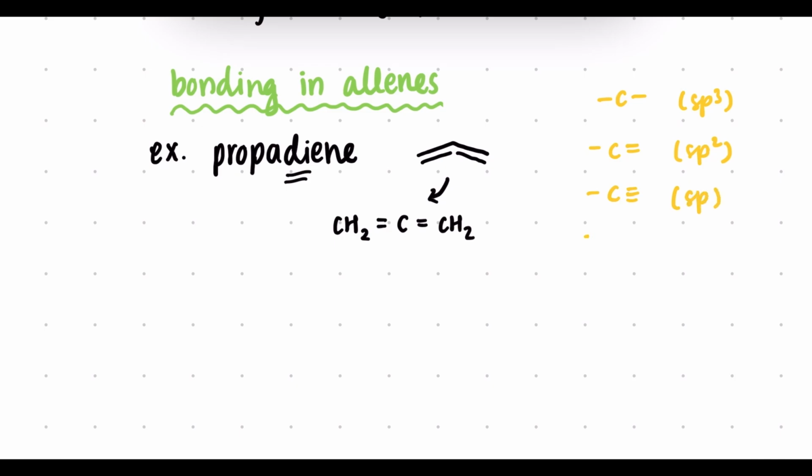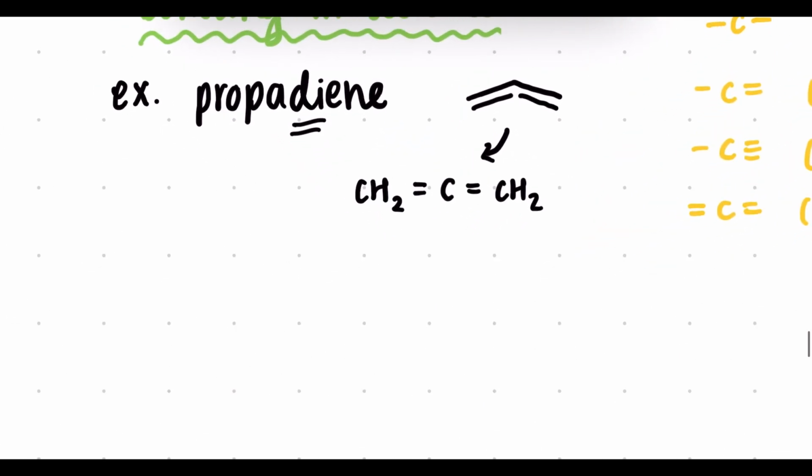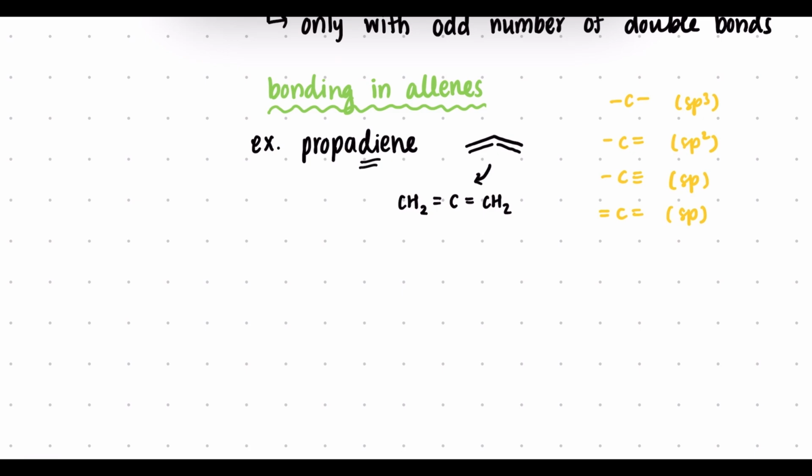And also, this case would also be sp. So that's just a quick hybridization recap. But yeah, so this carbon right here would be sp2. It's sp2. And this would also be sp2. And this would be sp.